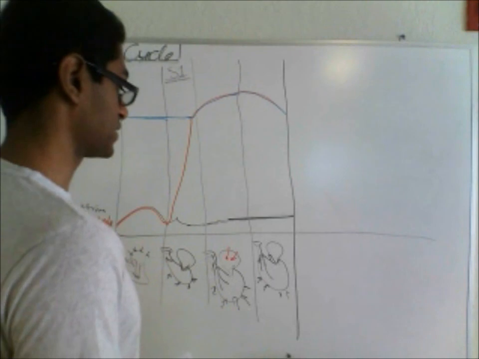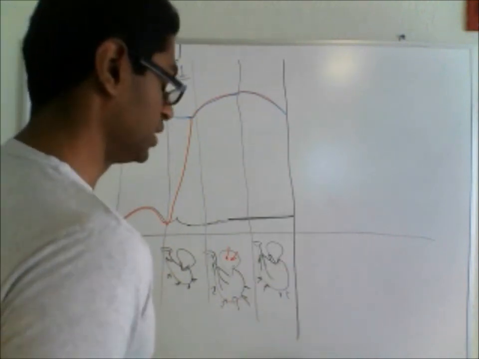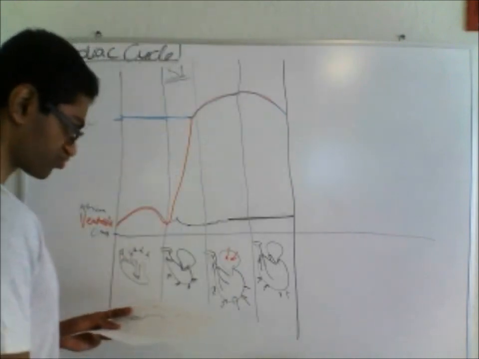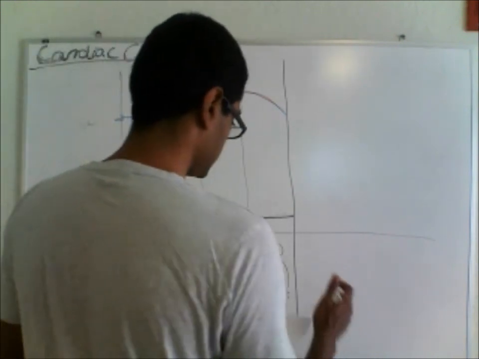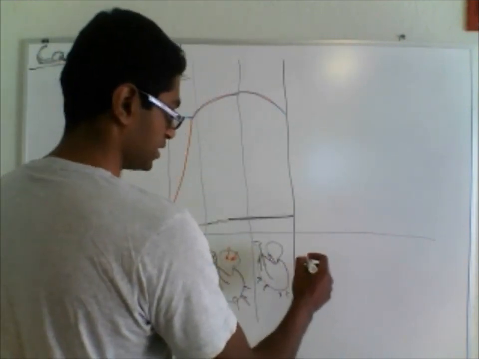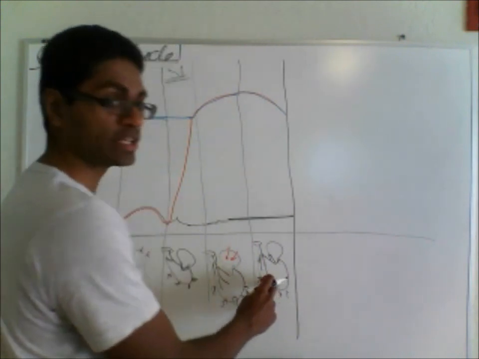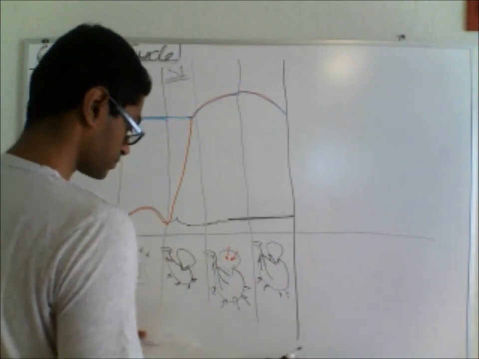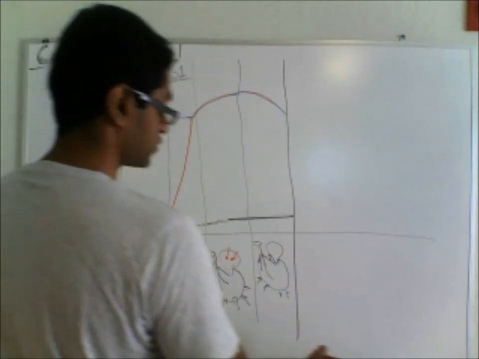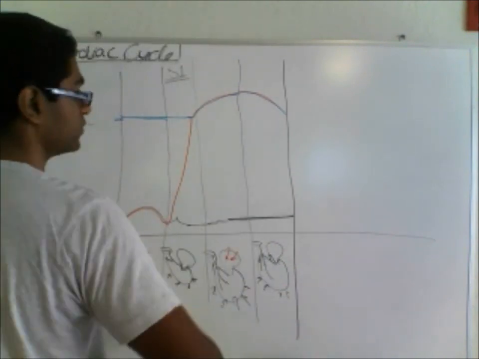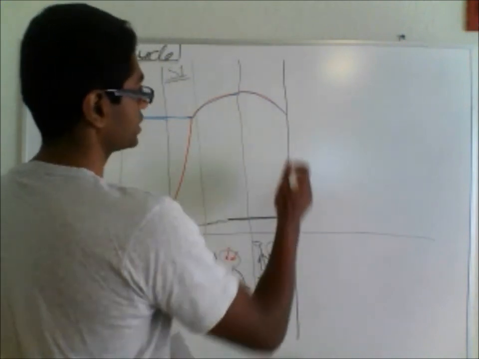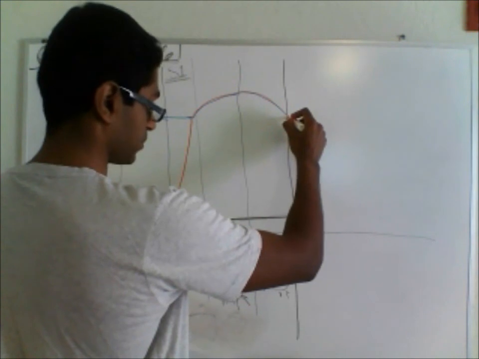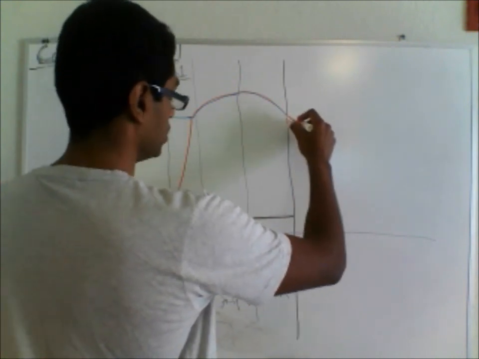Now, what would happen next after the ventricle? That's the isovolumetric relaxation. Exactly. So now this is the phase where the ventricular pressure is going to be lower than the aortic pressure. So at a certain point, ventricular pressure gets lower than the aortic pressure, and so the ventricular pressure in red, as I marked, is going to come down a lot.